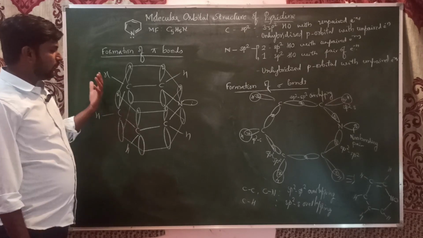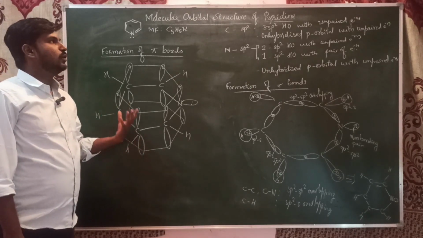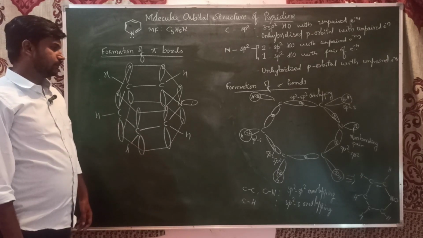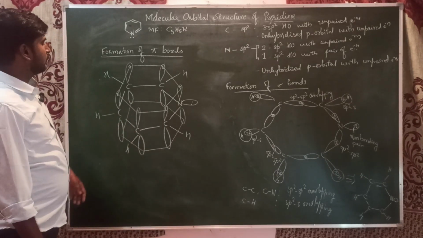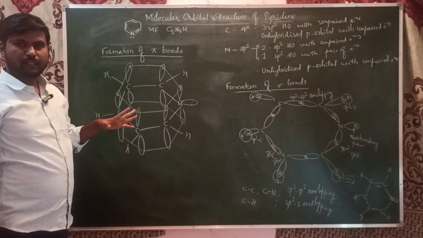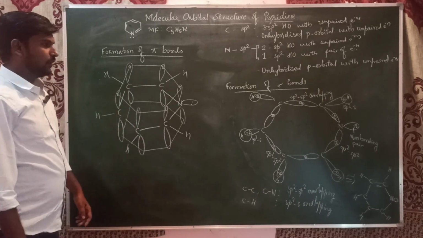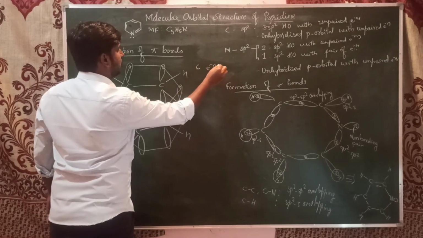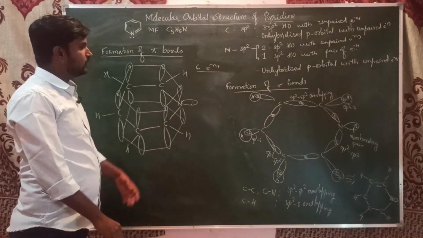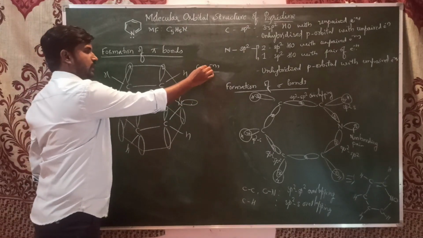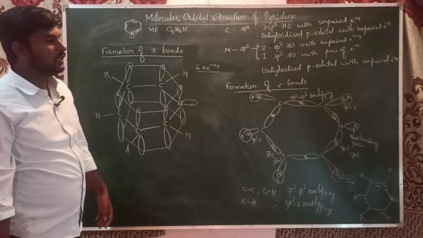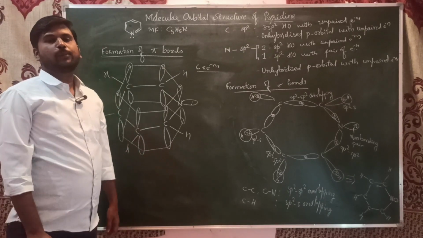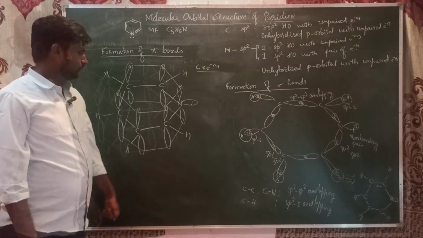So this is the final molecular orbital structure of pyridine. Here you can see each carbon will give 1 electron and nitrogen will also give 1 electron. So totally we can see 6 electrons in the pi bond formation. So 6 pi electrons, and all these 6 pi electrons are delocalized electrons. That also gives the aromatic property to this compound.